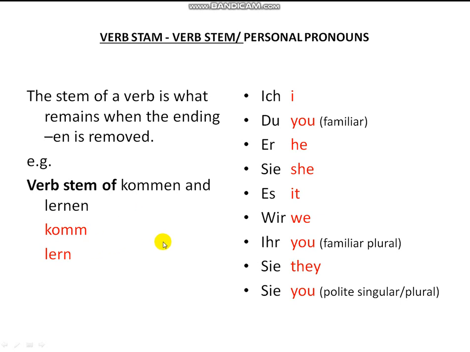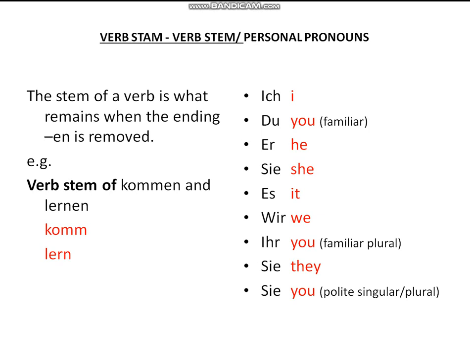But before we do that, let's learn the personal pronouns in German. The first one, how to say I in German, is ich. To say you is du, and du in German is a familiar form of address.